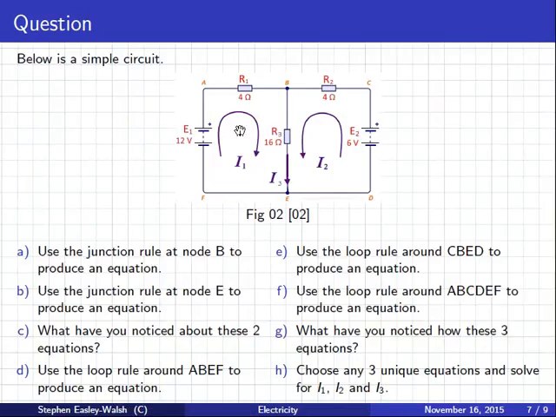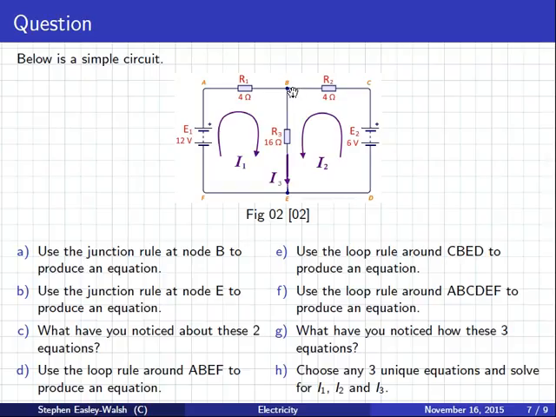Here, this is I1 going this way. This is I2 going this way. And going down here is I3. I don't want the loop. I want the junction. What goes in, what goes out?